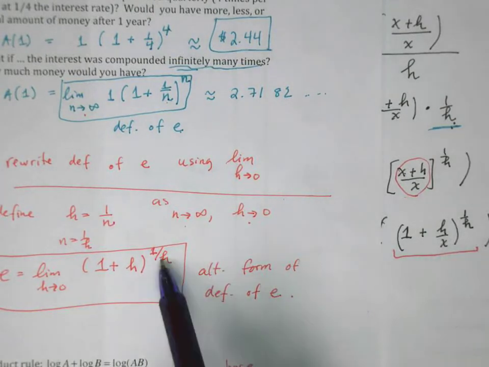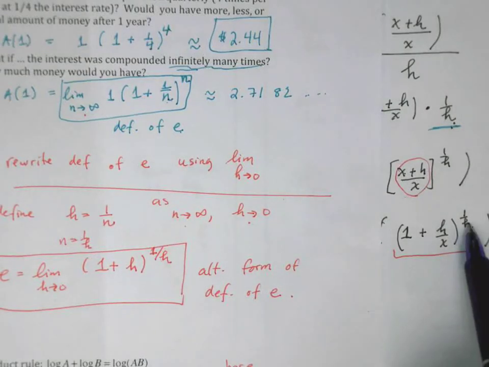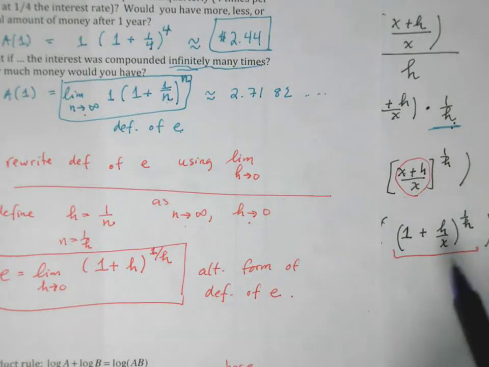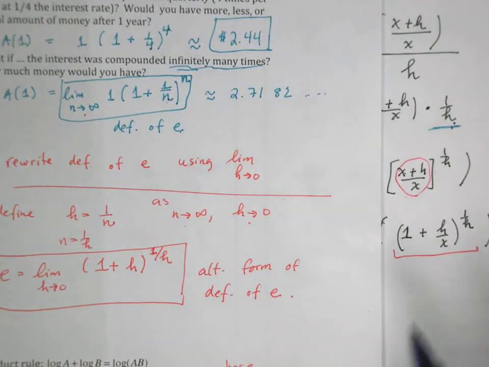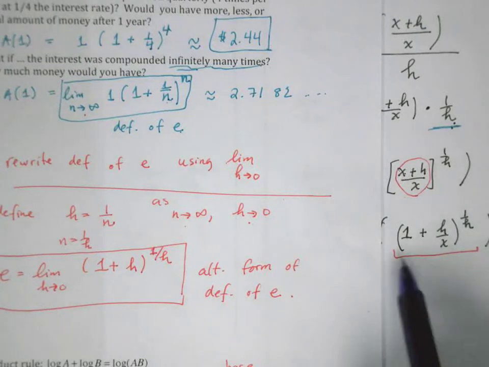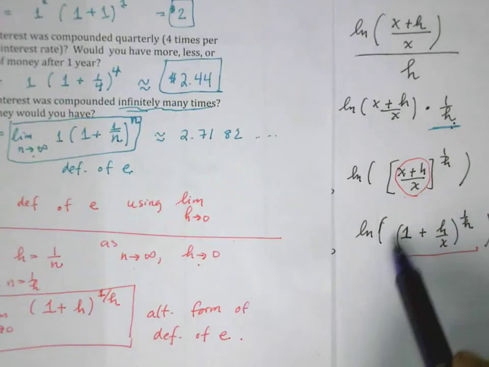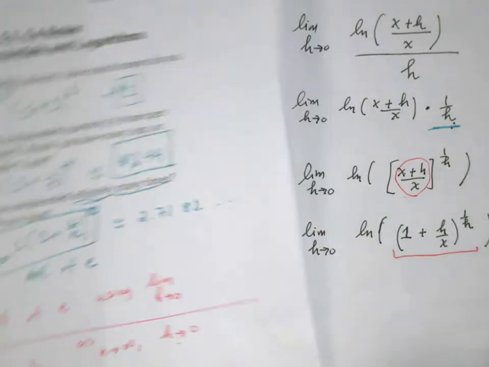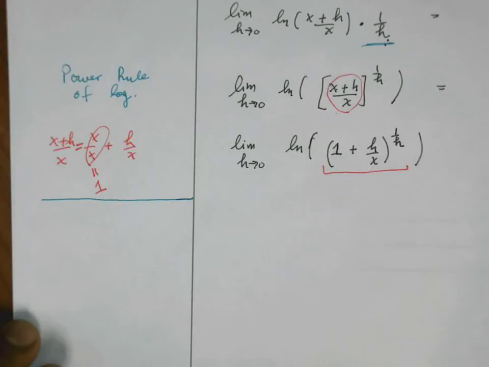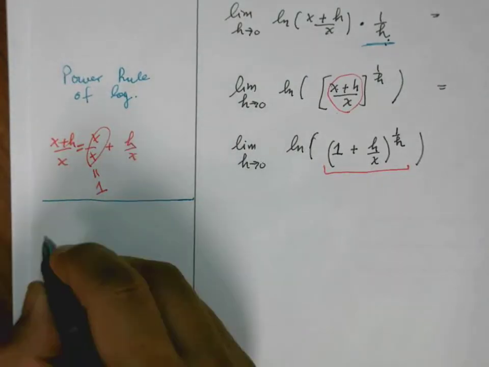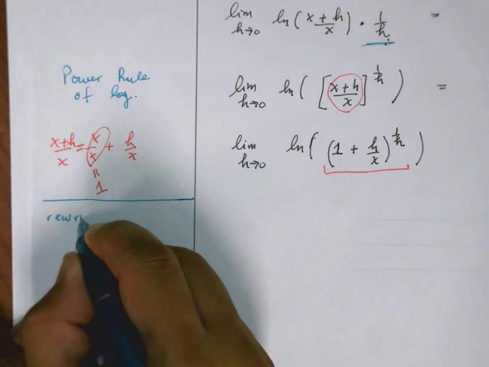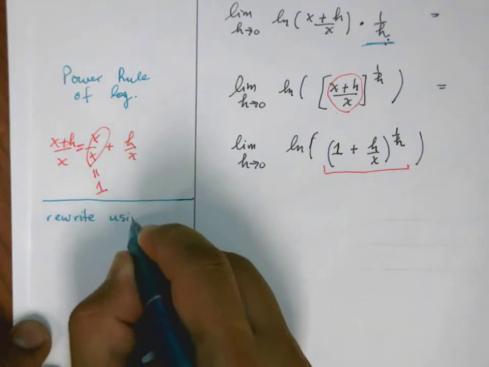This is being raised to the 1 over h, and this is also being raised to the 1 over h. So it's kind of like e. It's e-ish, but it's not exactly e. But we're kind of getting there. That's the direction that we're moving in. Eventually we're going to show that this expression in the derivative has e in it somehow. So to make this problem workable, we are going to rewrite using a substitution.